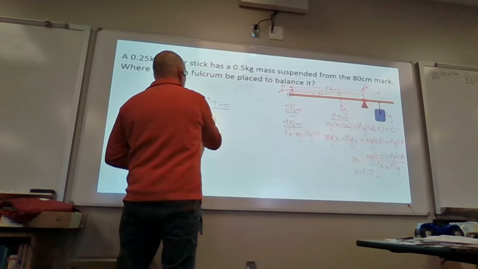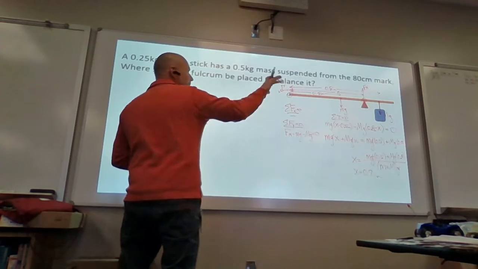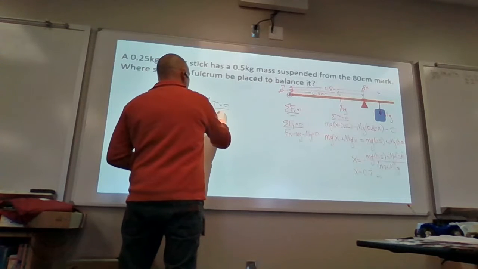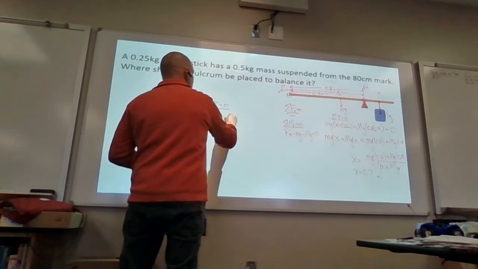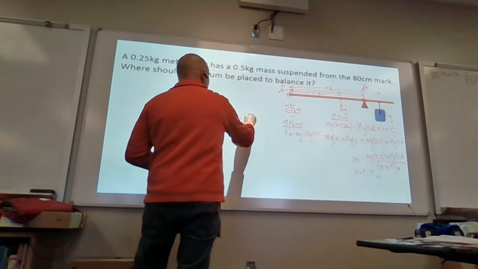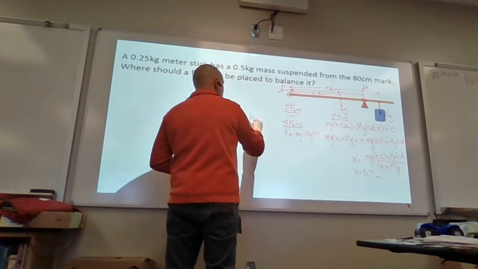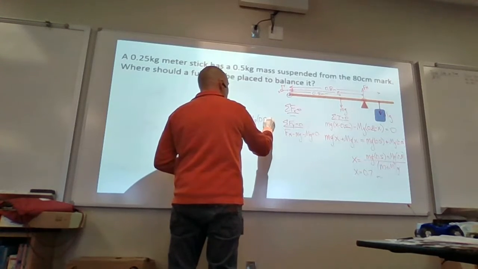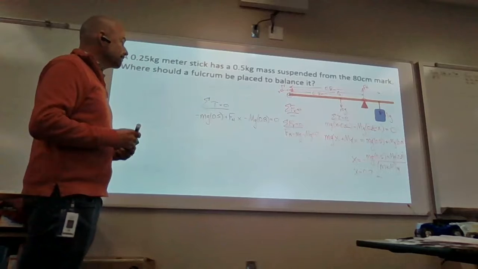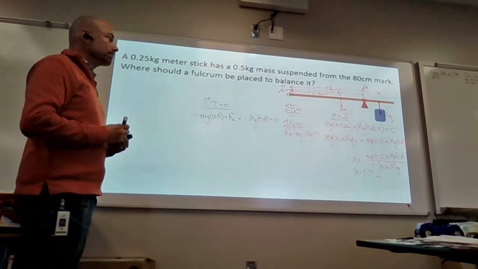So you just say mg times, that wants to go that way, negative 0.5, plus normal force times x, minus mg times 0.8 equals 0. Something's wrong there... oh wait, never mind. No, it's right.